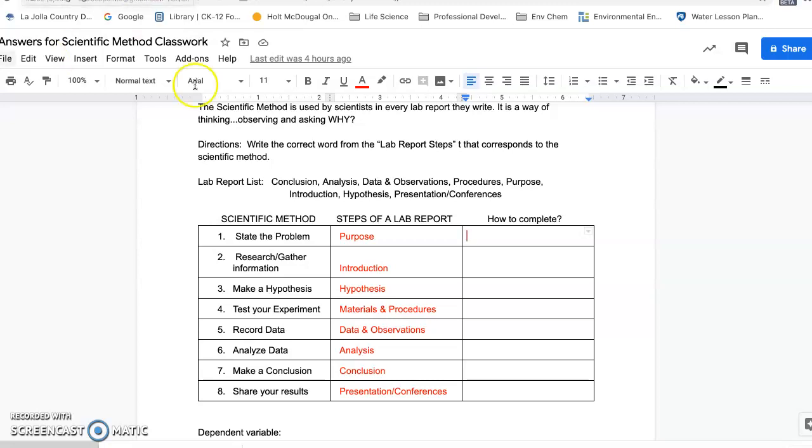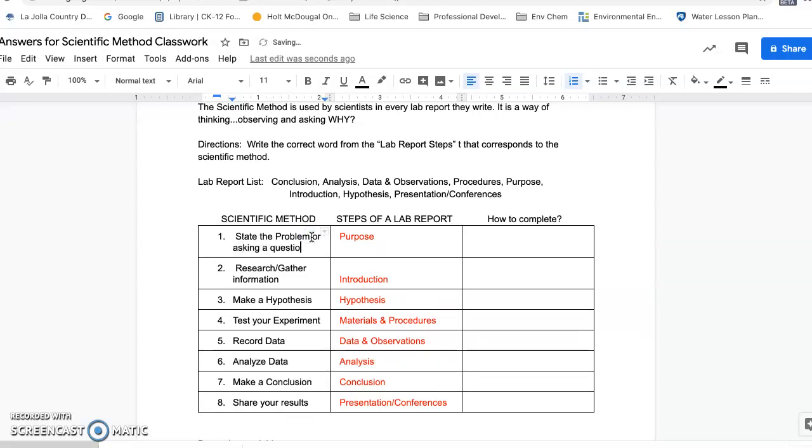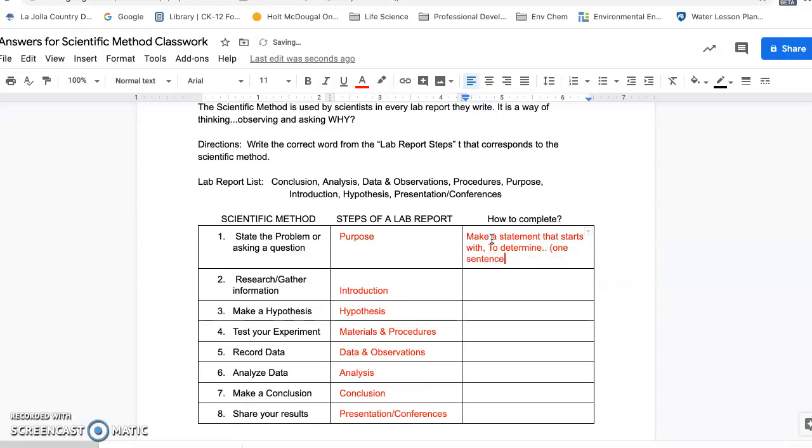When you're looking at the scientific method, when you are stating the problem or asking a question, that is called the purpose in the lab, and the way you do that is you simply make a statement that starts with "to determine," and that should be one sentence. It's really how to base your hypothesis.